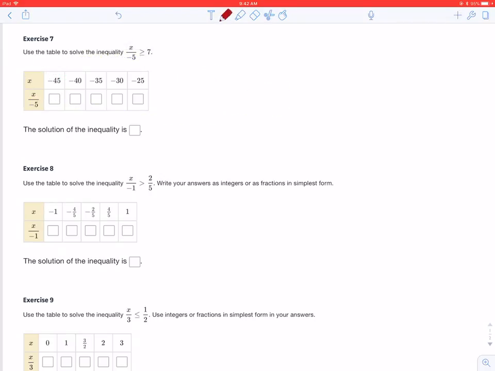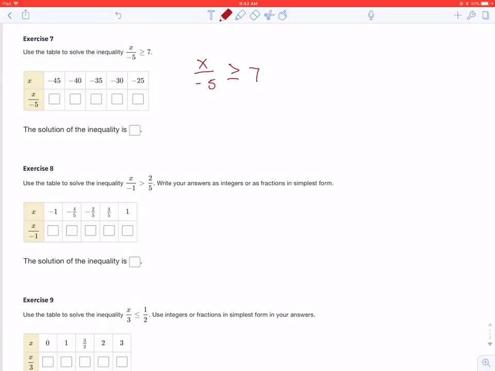Now, in solving out this inequality, I don't have the negative 5 on the top anymore like I did with multiplication. Instead, I now have it on the bottom. And so if the negative 5 is on the bottom of this fraction, what I need to do is find a way to get a negative 5 on the top of the fraction, because any number over itself will cancel out to equal 1.